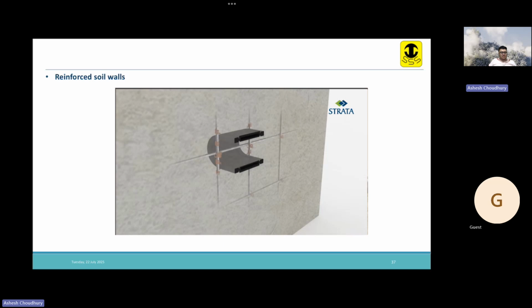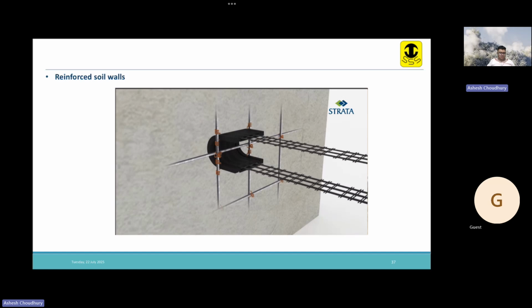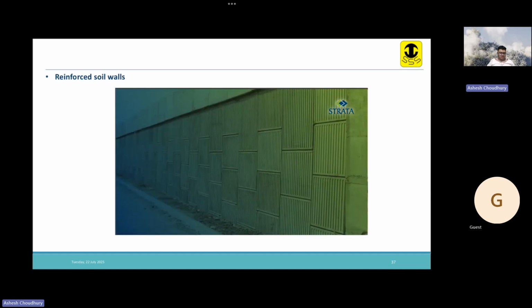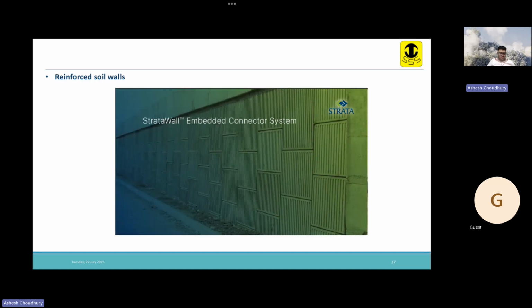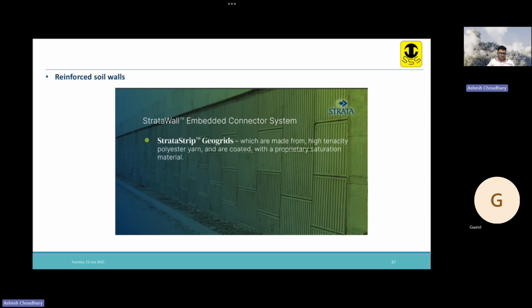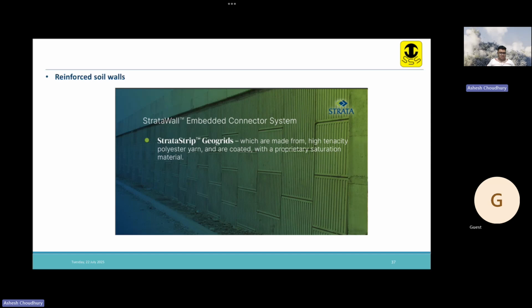Strata Strip is positively connected to the panel by passing it through Strata Connect embedded connectors, which create a cavity in the concrete panel. Strata Wall embedded connectors consist of Strata Strip geogrids, which are made from high tenacity polyester yarn and are coated with a proprietary saturation material.